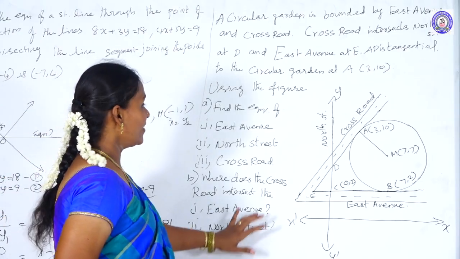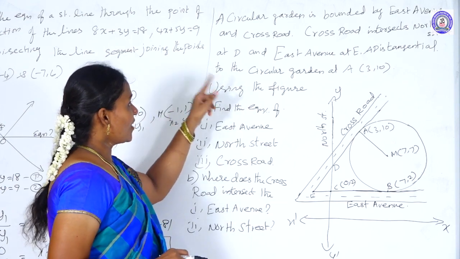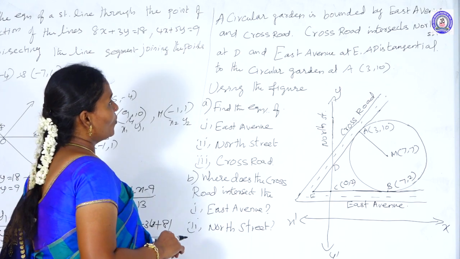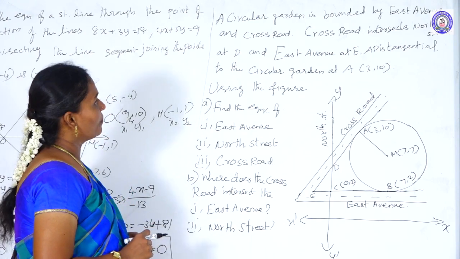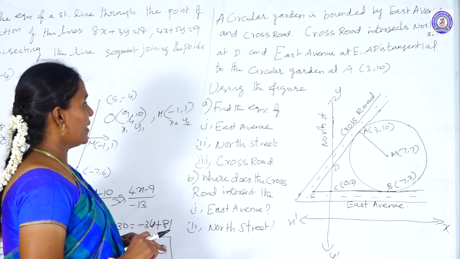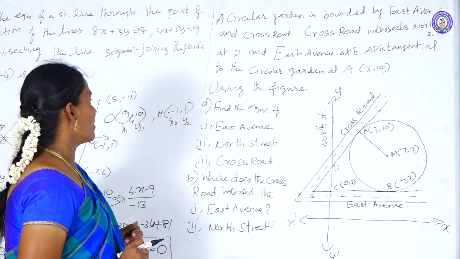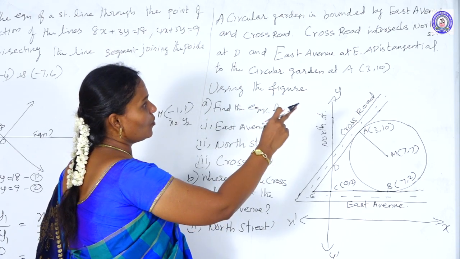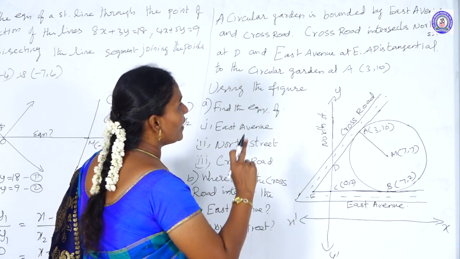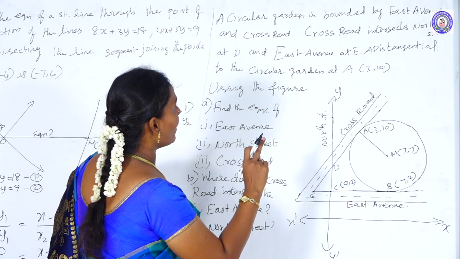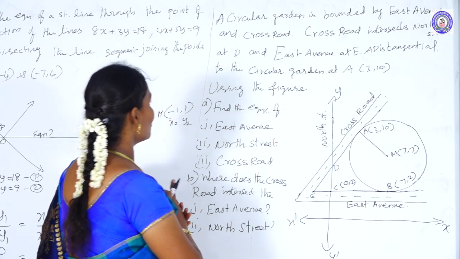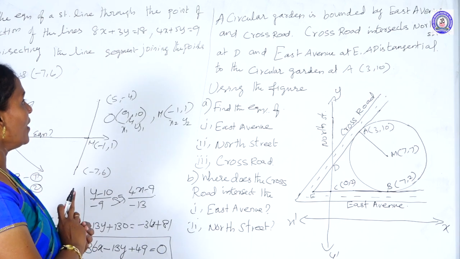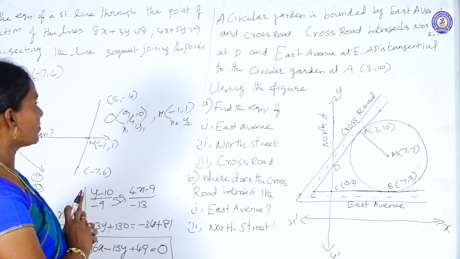Question. It's a very interesting question. A circular garden is bounded by East Avenue and Cross Road. Cross Road intersects North Street at B and East Avenue at E. AD is tangential to the circular garden at A of 3, 10.